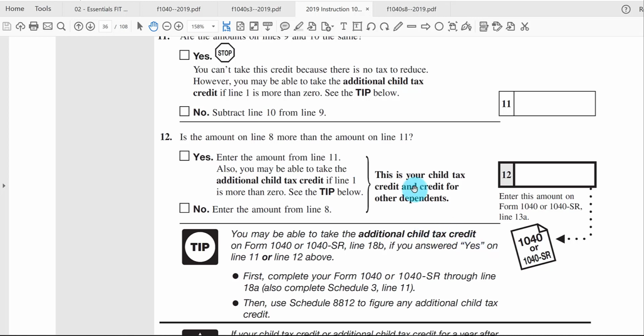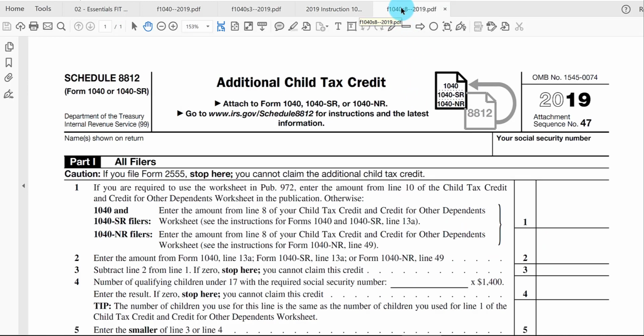So let's take a look at Schedule 8812, where we enter all of that child tax credit and credit for other dependents and subtract out the amount in line 2 that we've used up as non-refundable, to give us any excess. The amount of the excess that you can carry over to this additional child tax credit is up to a maximum of $1,400 per qualifying child. Again, none of that $500 credit will be converted to refundable.